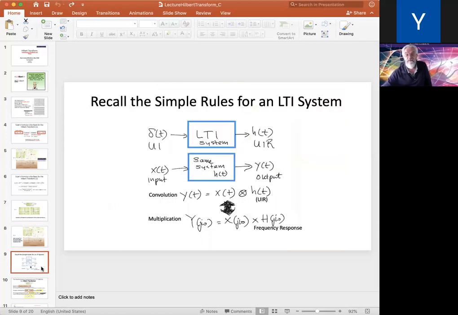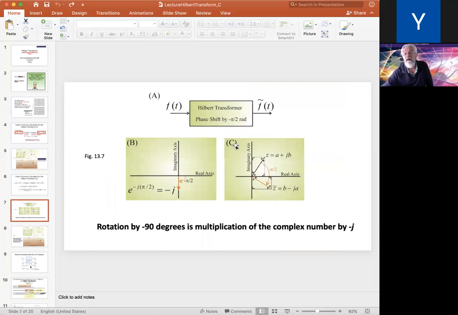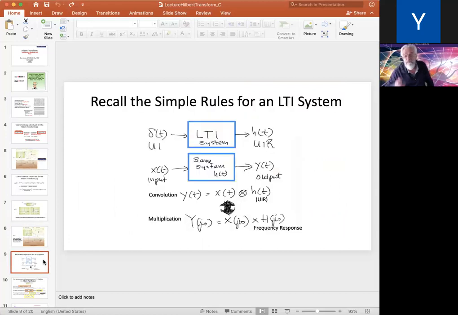Another thing to remind you, because recall that two slides back I showed you that the Hilbert transform is nothing else than a linear time invariant system that is shifting your signal by minus pi over 2 radians, or minus 90 degrees. So let's have a look again at the generic rules for an LTI system.